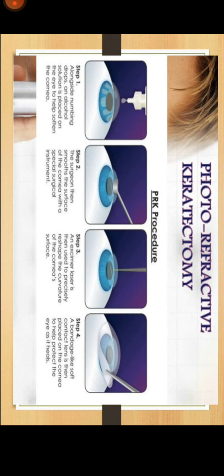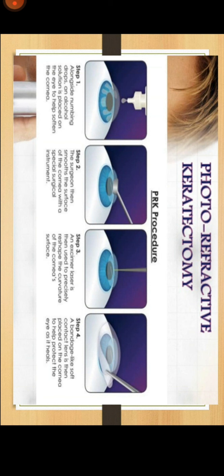And another is photorefractive keratectomy. Here the thickness of the cornea is reduced. Due to the present thickness of the cornea, the light rays are converged very close to the lens or in front of the retina.